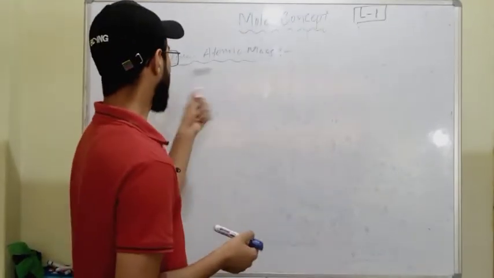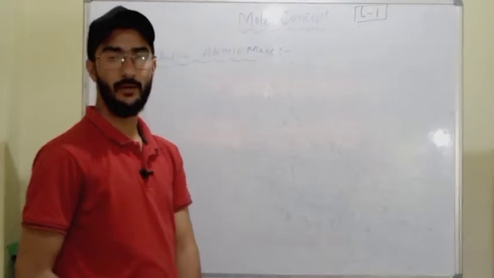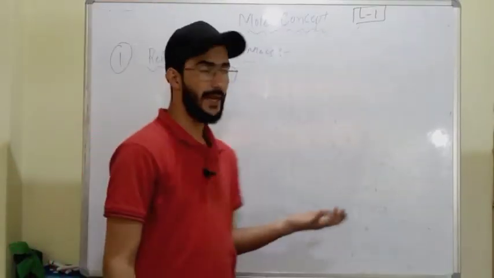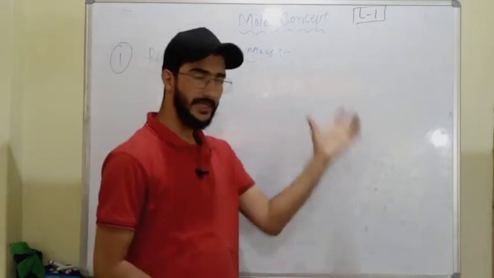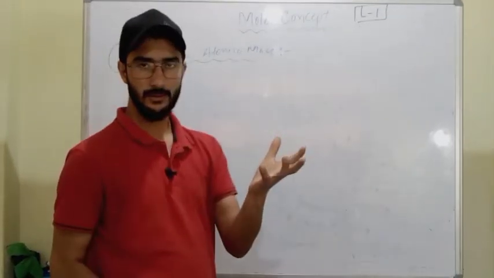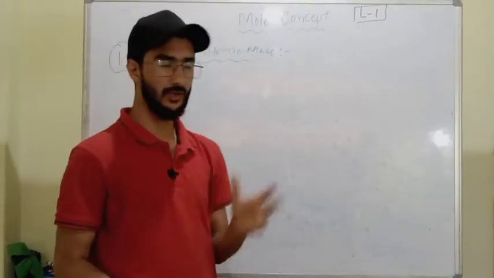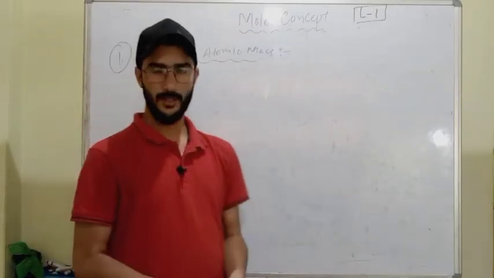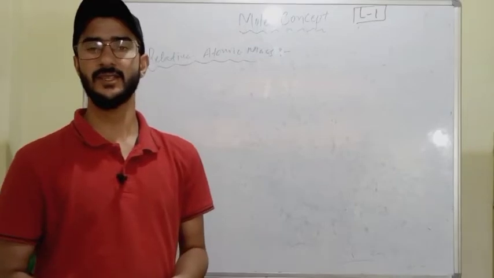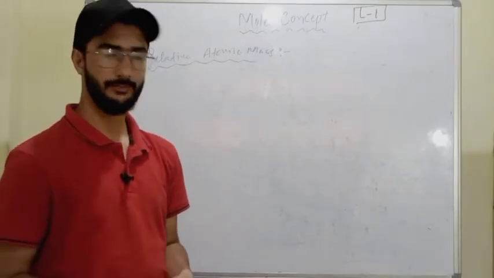In case of atoms, we have already measured an isotope, the carbon-12 isotope. When I relate other atoms or elements with that atom, that is called relative atomic mass.